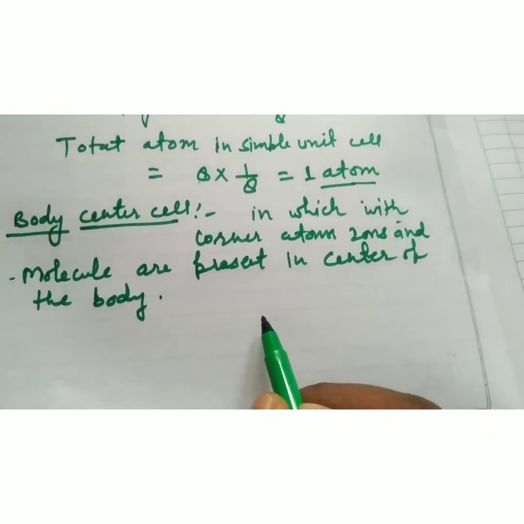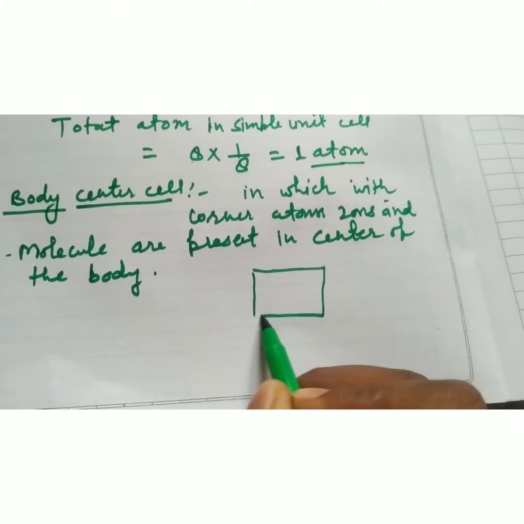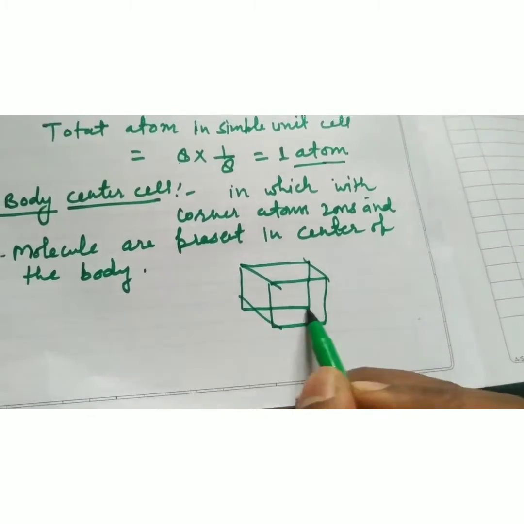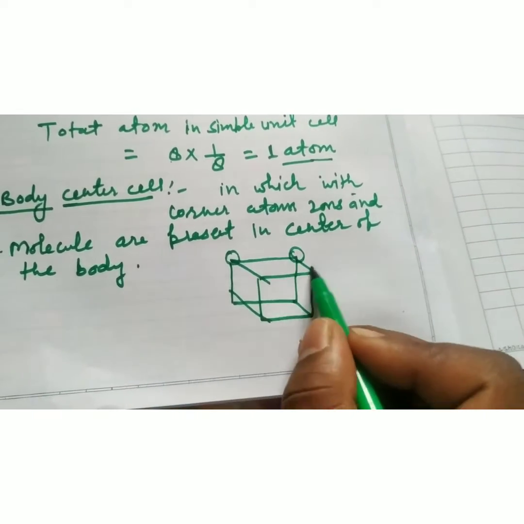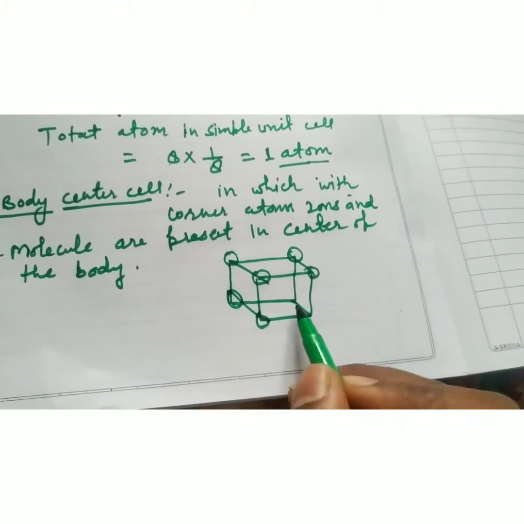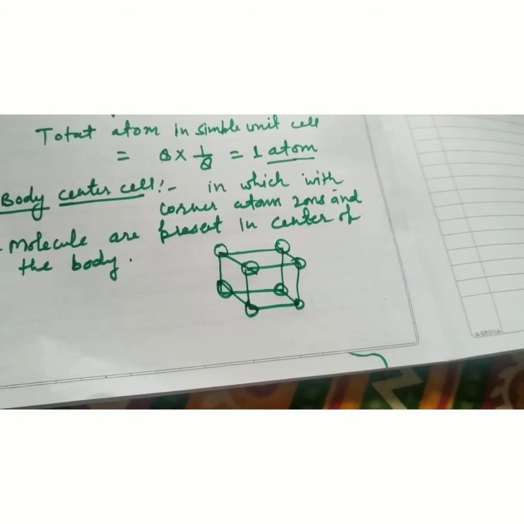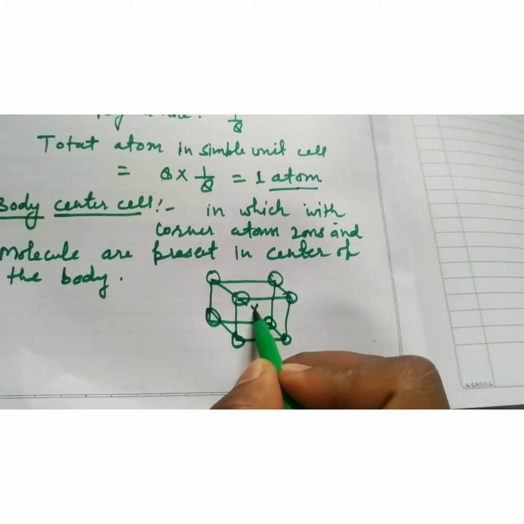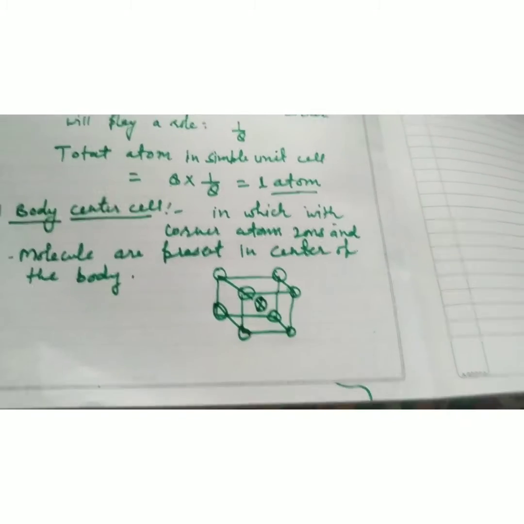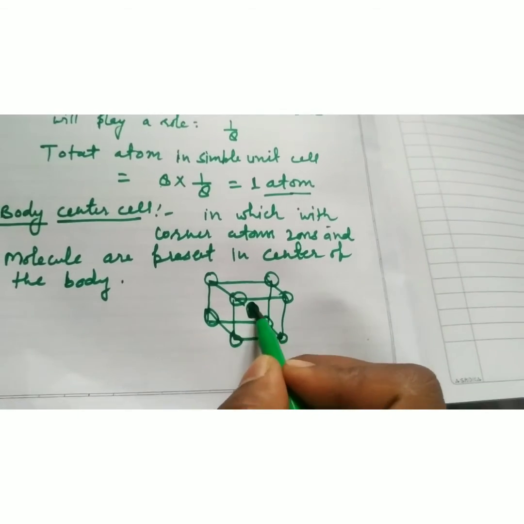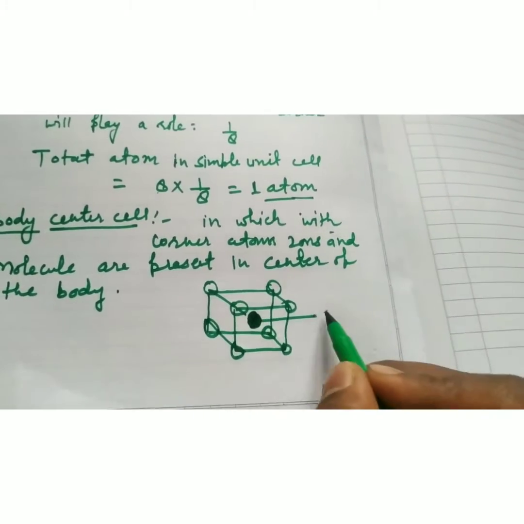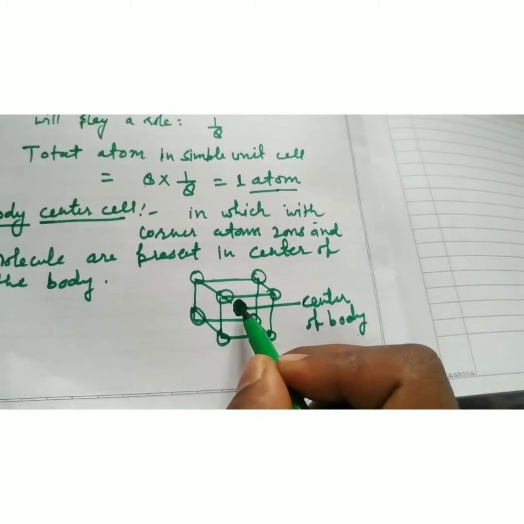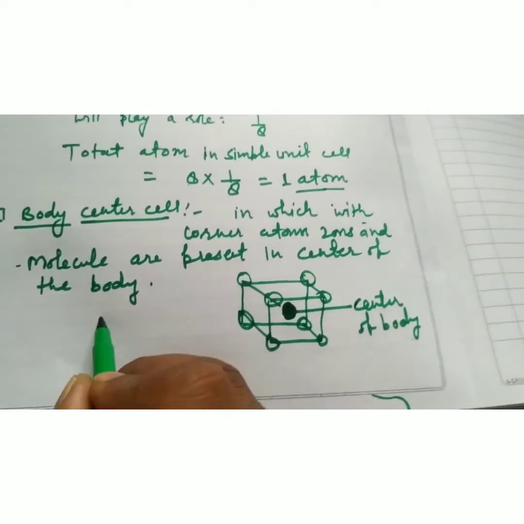Clear? Suppose this is a simple unit cell, and 8 corners will contain 8 atoms. But in BCC, the body will also contain an atom at the center. This is the center of the body. This is the darkest atom, the center of the body. One atom will be present at the center of the body.